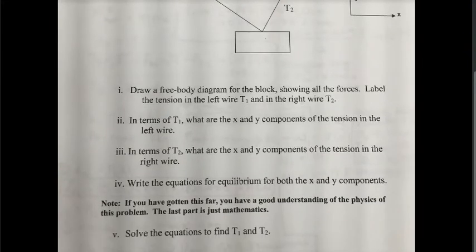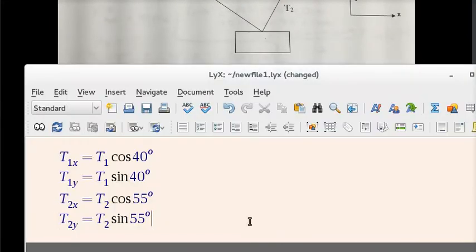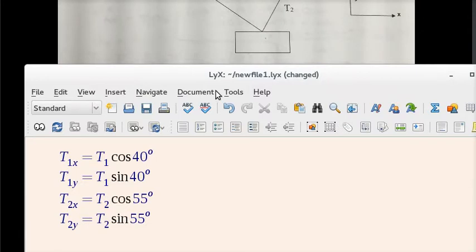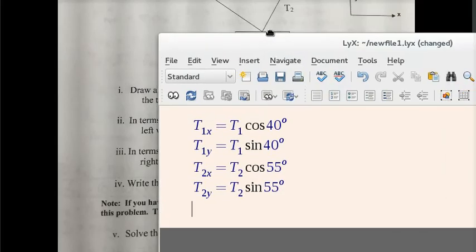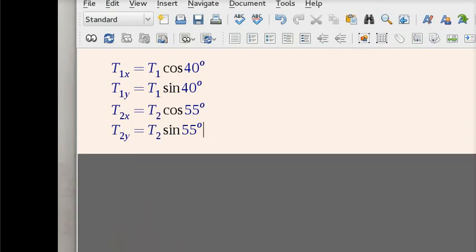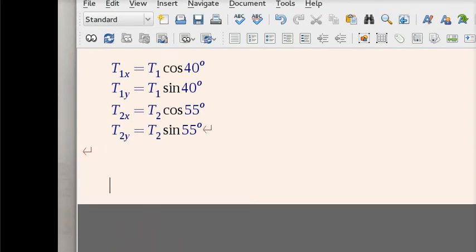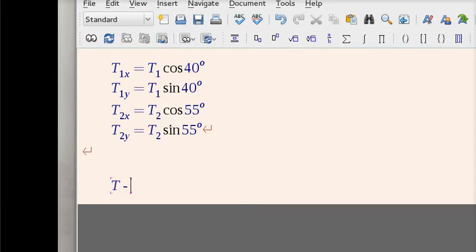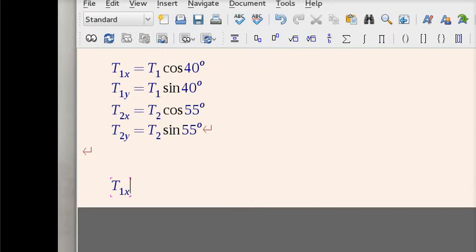Write out the equations for equilibrium for both. So equilibrium. In the x direction we have the x and the y.